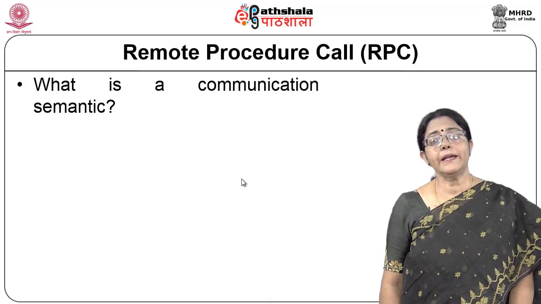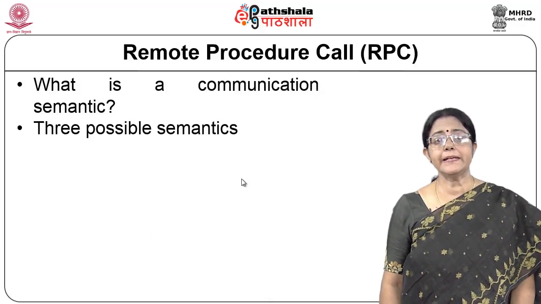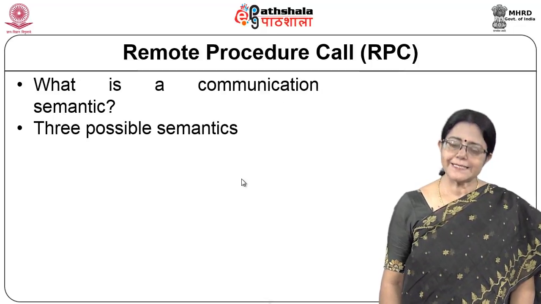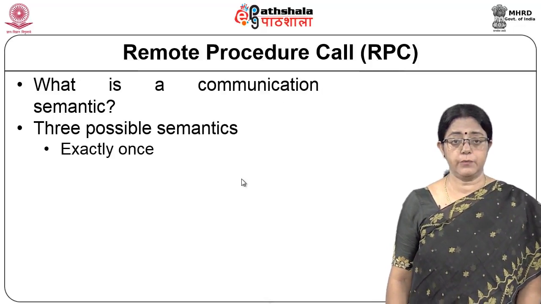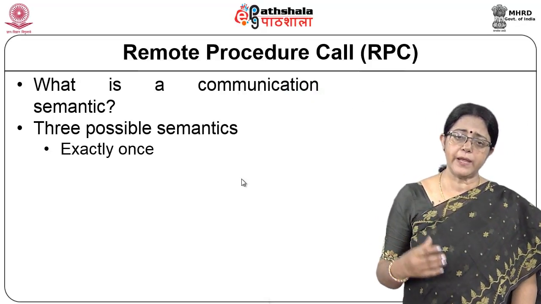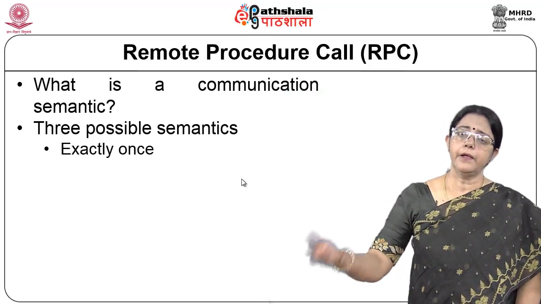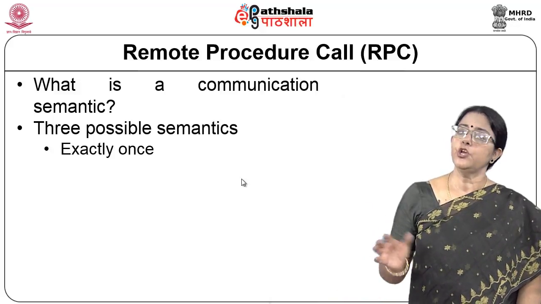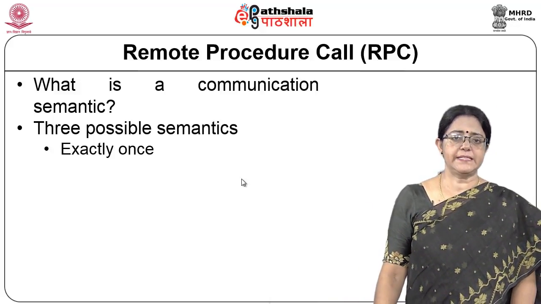So, what are the communication semantics? We saw that there are three semantics. One is called exactly once. That means that whatever I send as a sender is received by the receiver, with no additional messages.